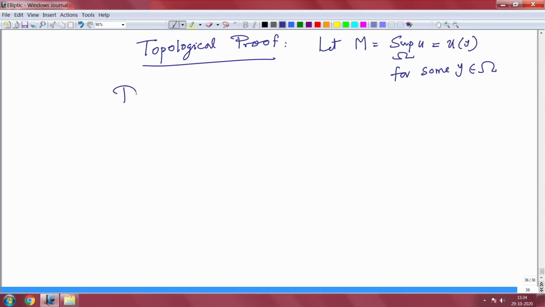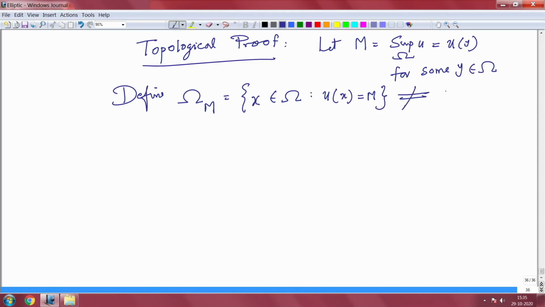So you define omega m to be the set of all points x in omega such that u of x is equal to m, which is non-empty by the given assumption.